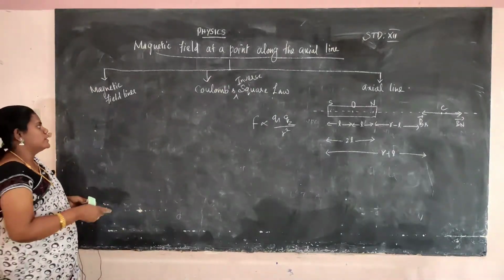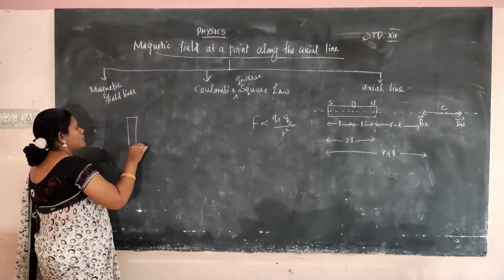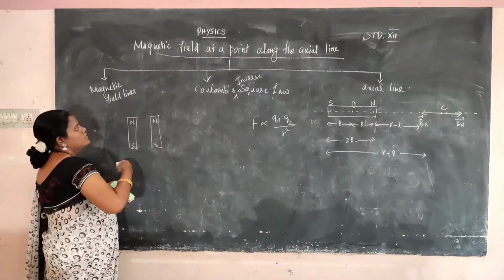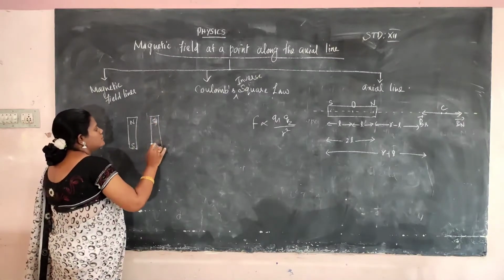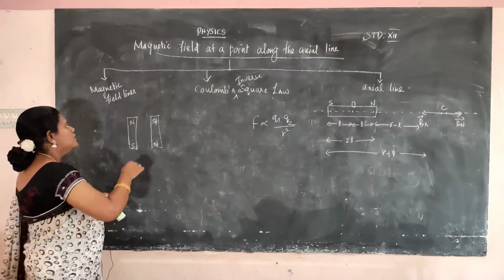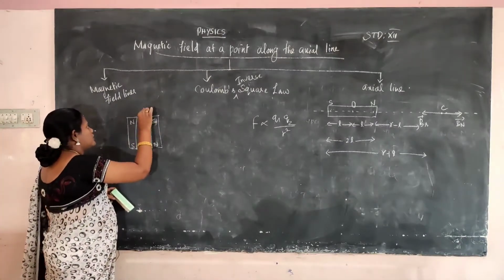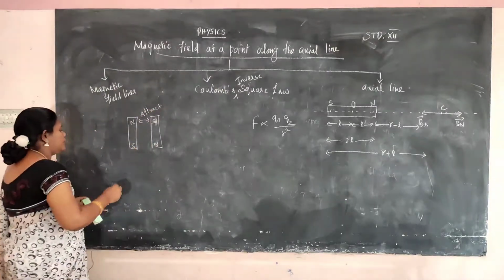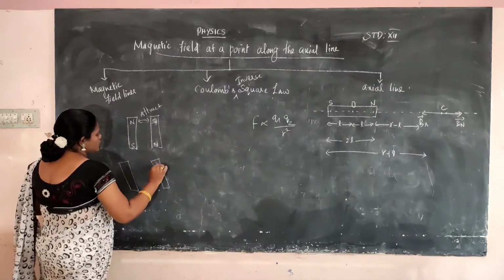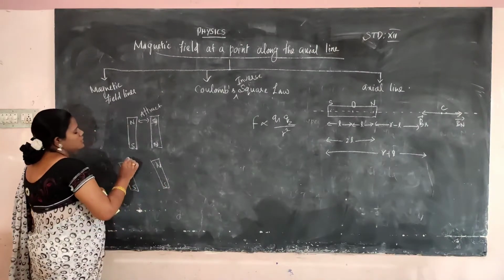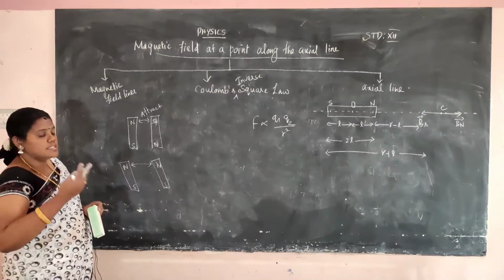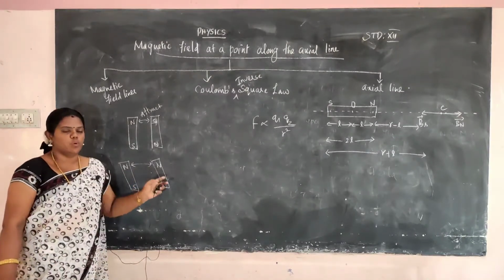Take two magnets. If you bring the north pole of one magnet near the south pole of the other magnet, attraction is created. But if you bring two same poles together, north and north or south and south, they repel one another.